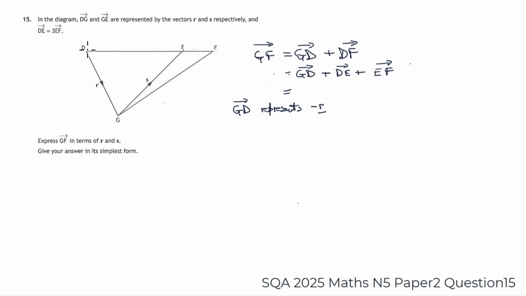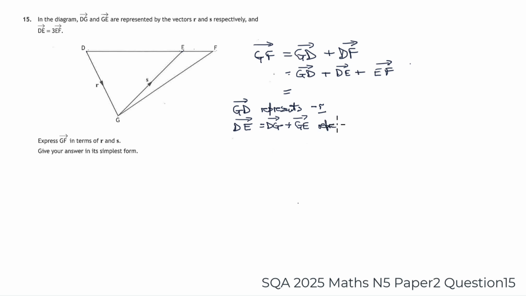Now what else do we need? We need the journey from D to E. So let's have a look at D to E. And it doesn't, on the face of it, involve any of the vectors directly, but it does if we go a scenic route again, go to G and then back up to E. So we'll split this up into 2 journeys, the journey from D to G, followed by the journey from G to E. And what does that represent?